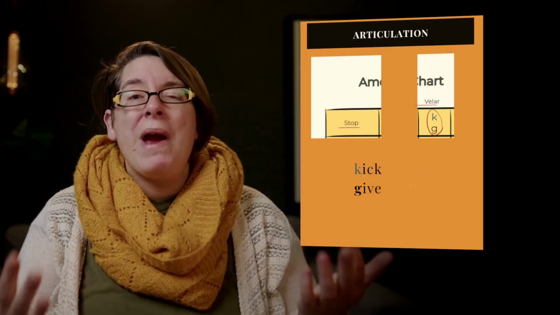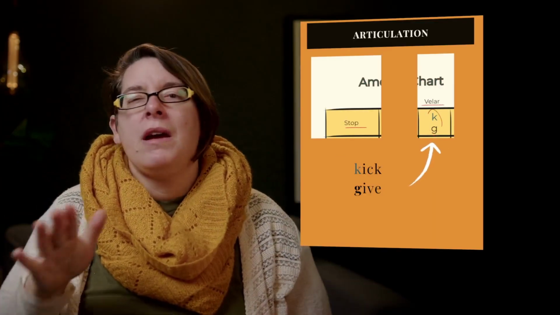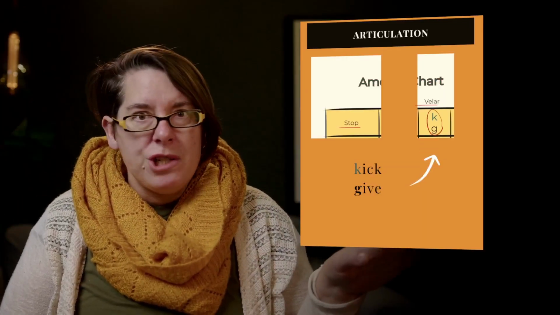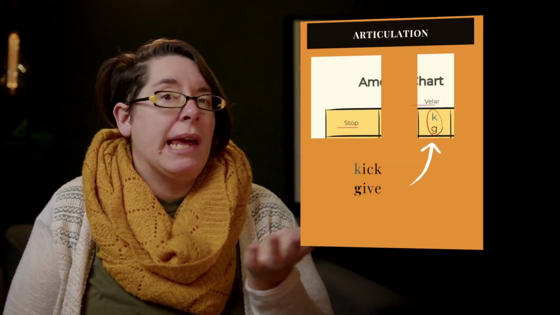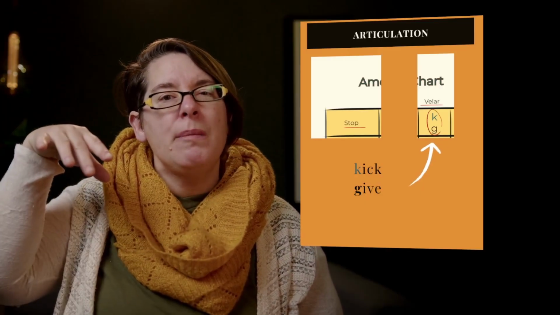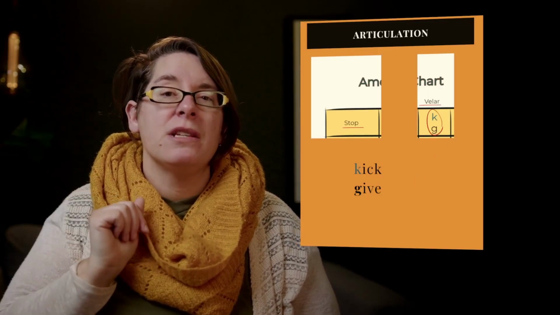So you have to stop the air where? In the soft palate. With what? Your tongue. The back of your tongue is going to lift up there. So you may or may not have a K or a G in your language, but you also might be making it in a different way. So see if you can feel the back of your tongue lifting up and stopping the air, k, k, on that soft palate.